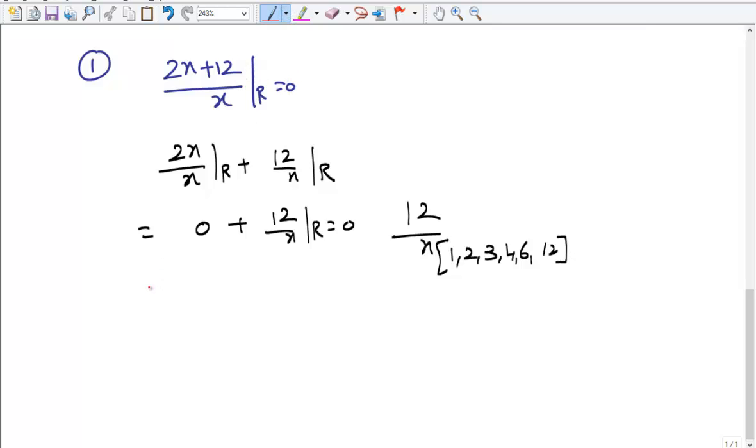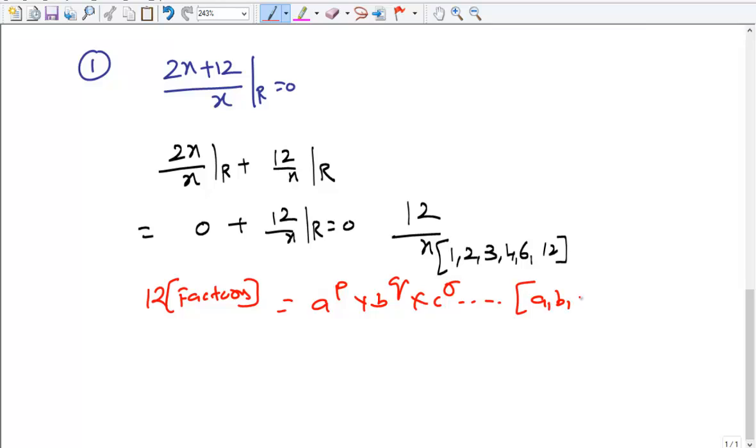Now if you want to identify the factors of 12, that's very easy. You just need to write the number as a power p into b power q into c power r and so on, where a, b, c are prime factors and p, q, r are natural numbers. For 12, we can write this as 2 square into 3 power 1.